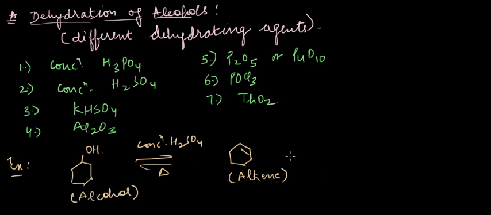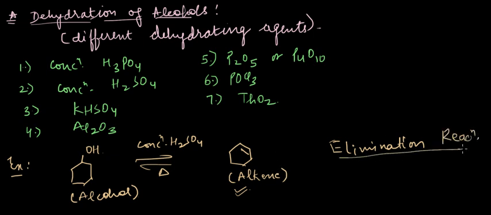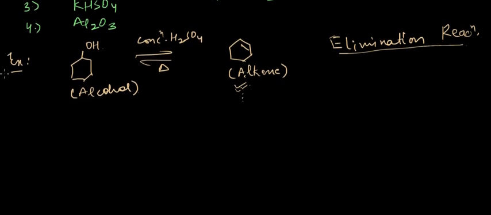This type of reaction is known as an elimination reaction, in which certain atoms or groups get eliminated from a compound, resulting in a double bond in an organic compound. We'll be seeing the mechanism of this reaction.